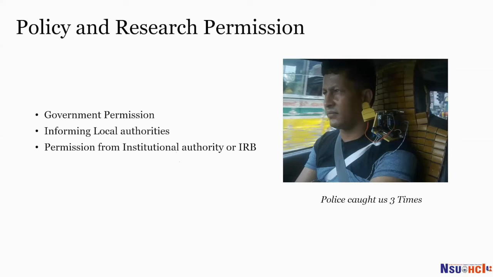The issue was that the police were asking whether we had permission from the government or the police station, because this was an experiment on our roads. This was a real experiment, not in simulators. So definitely we need some permissions for that. And sometimes they ask if we have permission from our authority or institution or something like that.